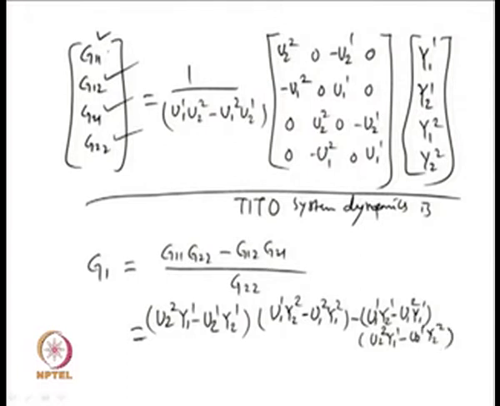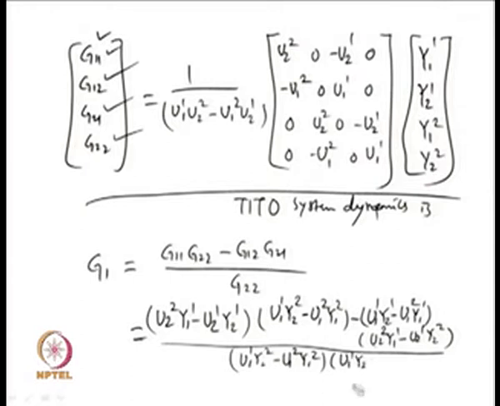When I substitute these G values G11, G12, G21, G22 in this expression, I get it in this form, divided by (U11 Y22 minus U12 Y12) times (U22 Y11 minus U21 Y22).